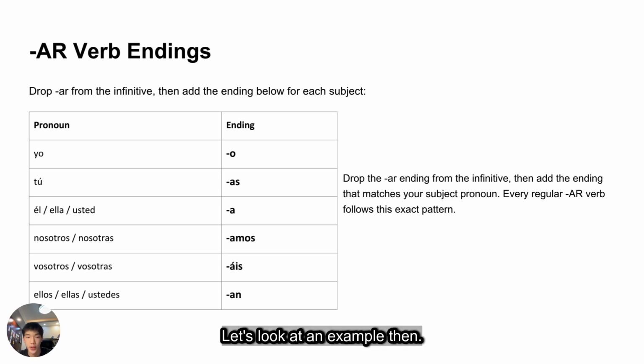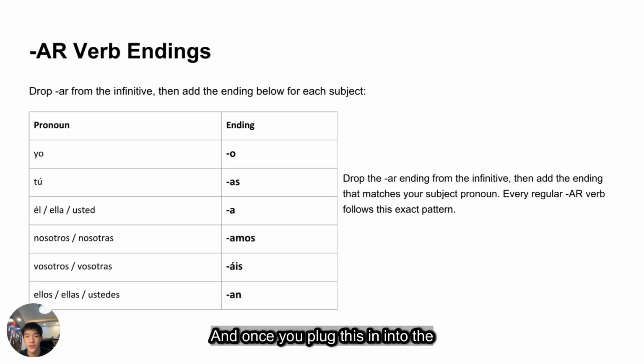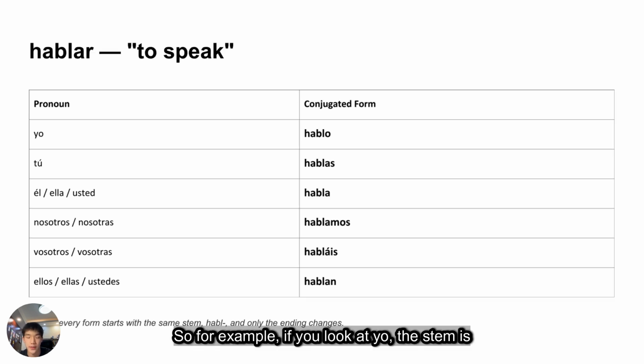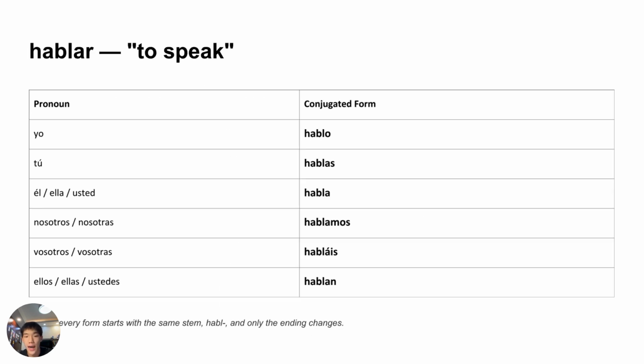Let's look at an example then. Hablar is the verb, to speak. So if we remove AR, then it would be habl, H-A-B-L. So this is the stem of the verb. And once you plug this into the table that we have right here, you can see that it is much easier. So for example, if you look at yo, the stem is habl, and then you add the O. So with the yo, hablo.